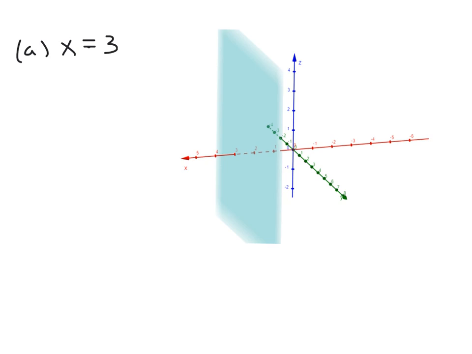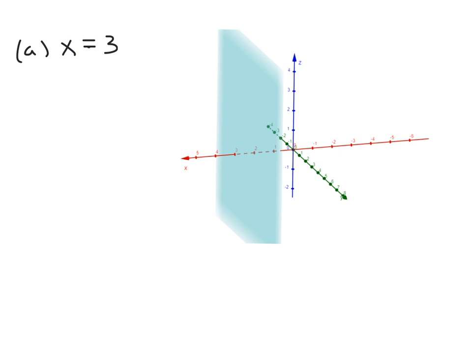So from this picture, I know it's kind of hard to tell in 2 dimensions, but this is a plane that is parallel to the yz plane. The y-axis is green, the z-axis is blue in this picture, and so it's parallel to that plane, and it intersects the x-axis, the red axis, at the coordinate of 3.